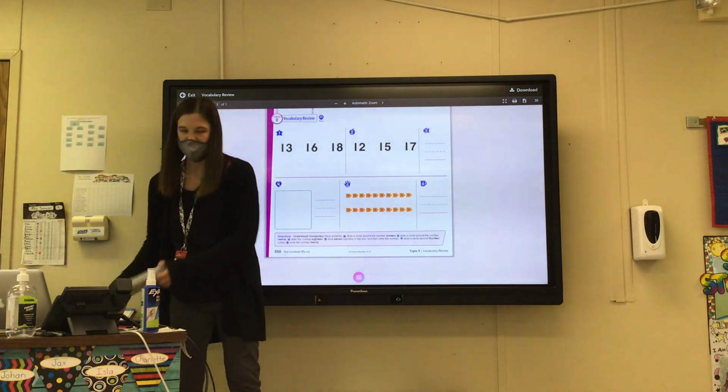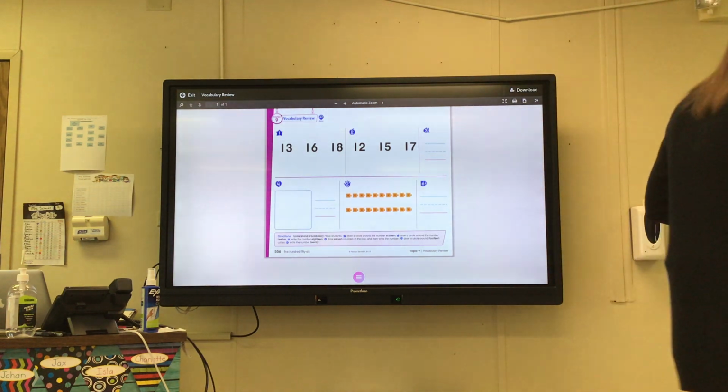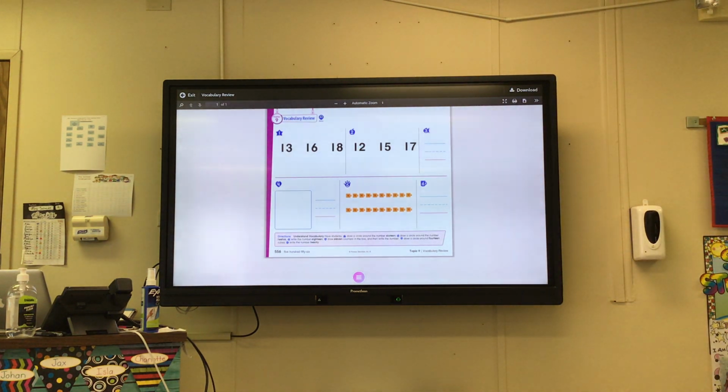Draw a circle around 14 cubes. So count 14 cubes and circle them. Circle that whole group. There are 14 there. Hold on. Don't erase it completely. Add the extras that you need to add to that group. So, is that 14 cubes in that circle? Okay, you gotta get 14 in there.